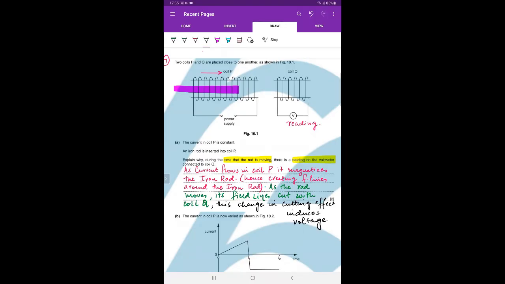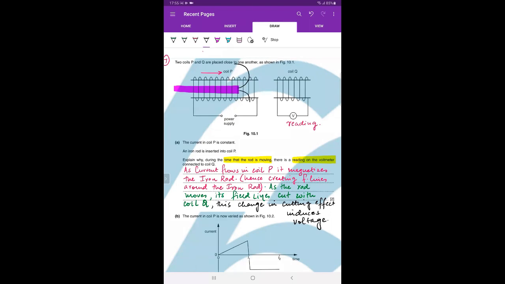Reha, start with the basic idea. When current will flow through coil P, this will definitely magnetize the iron rod, which I've shown you with the pink colored highlighter. तो iron rod तो magnetize हो जाएगा. अब मैं इसकी magnetic field lines बनाता हूँ.